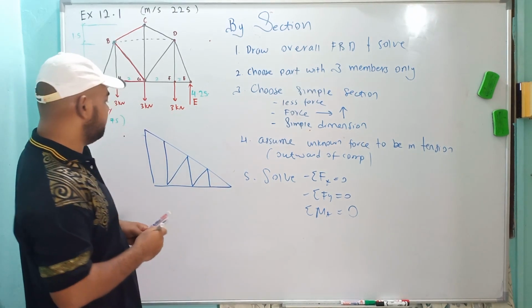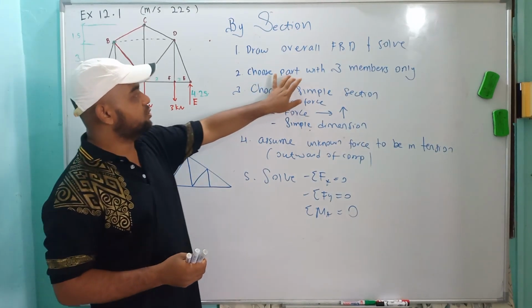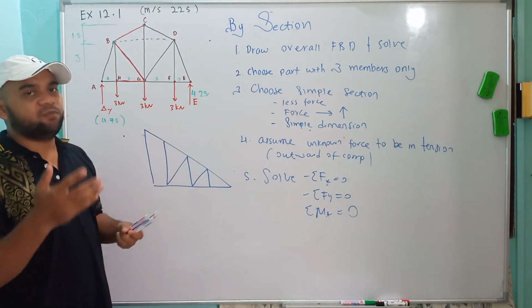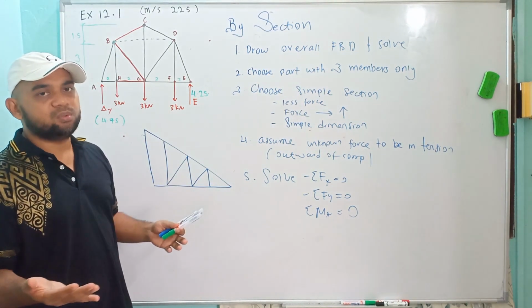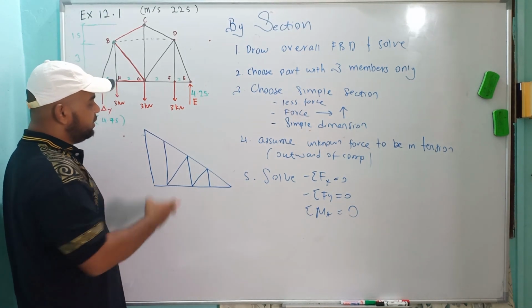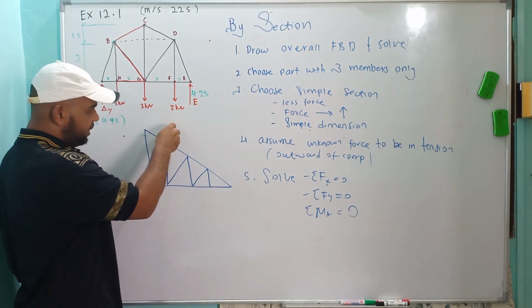Okay, so by choosing a part with 3 members only, it means that in the method of bisection we have to cut the component into 2 sections. If we want to cut the component here, choose a part with 3 members only, so we can cut it maybe here.